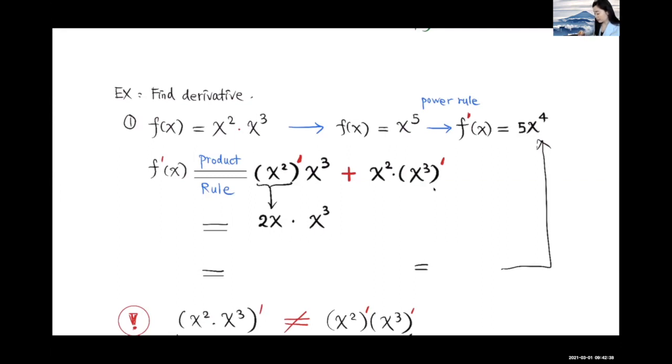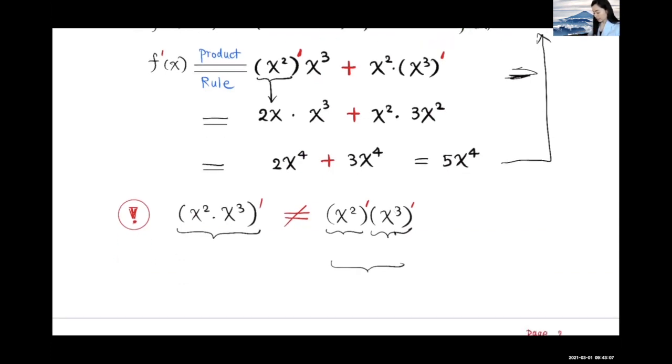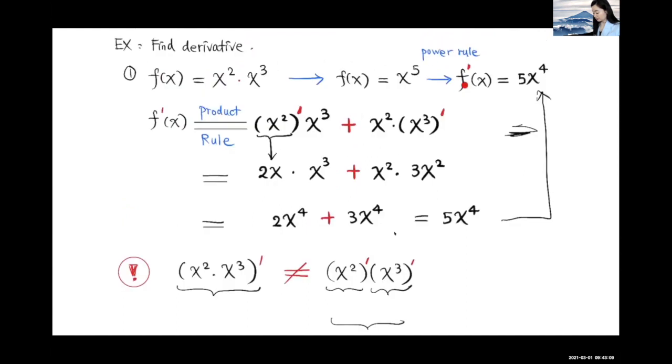And that agrees with this result. So we got the same result, 5x to the 4 power, which is the same result as when you simplify the function and differentiate using the power rule.